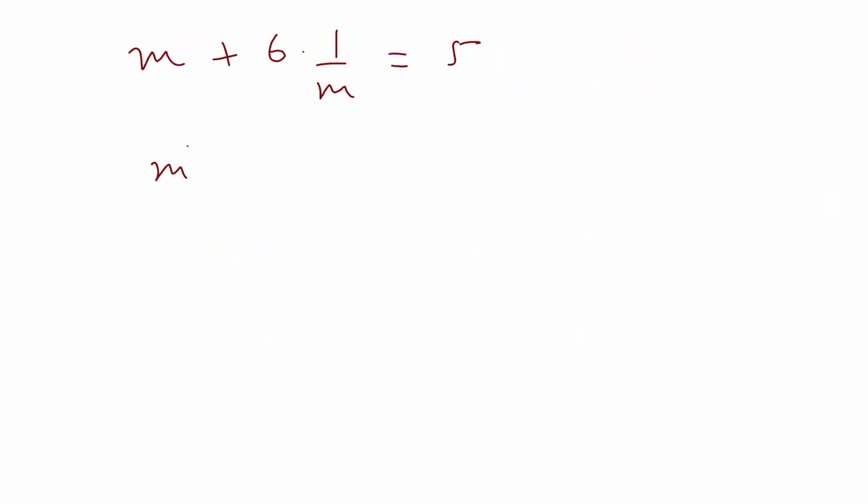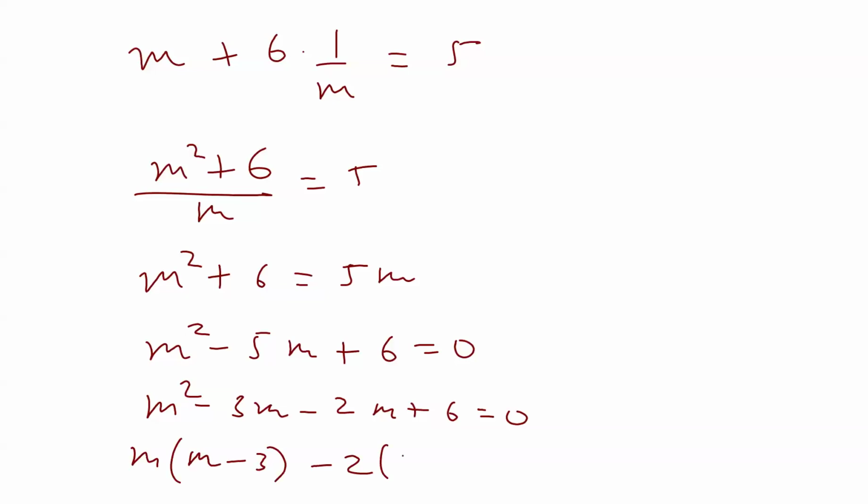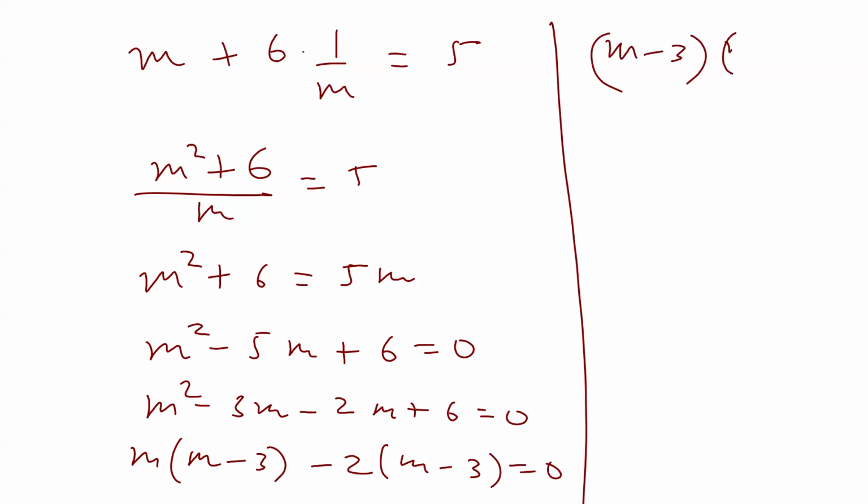So m square plus 6 upon m equal to 5. m square plus 6 is equal to 5m. m square minus 5m plus 6 equal to 0. m square minus 3m minus 2m plus 6 equal to 0. m minus 3, m minus 2 equal to 0.